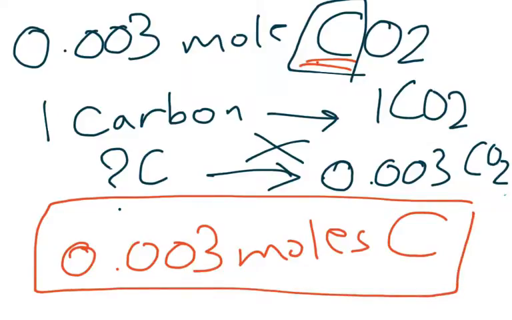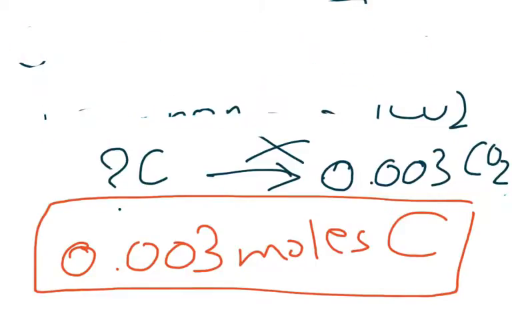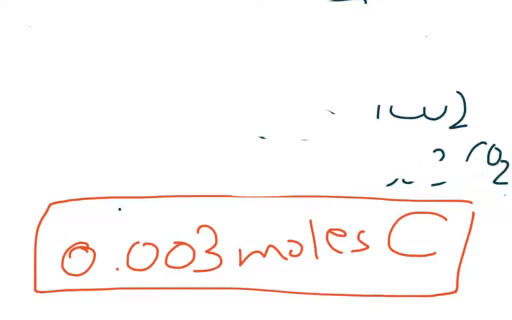How is that going to help us or get us anywhere? Okay, so let me just wipe this down. So we have moles of carbon now. Well, we can't do anything with this in the first equation, or in the second. So let me write the second equation, that one that we already have.